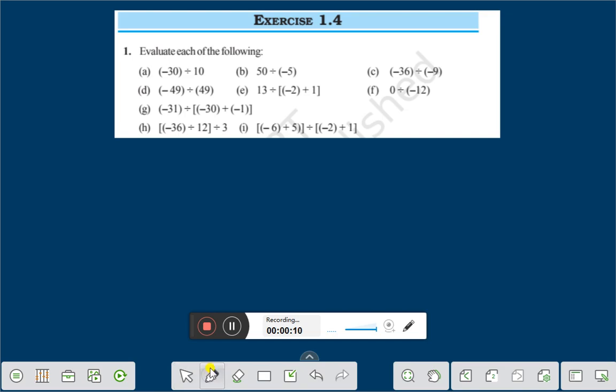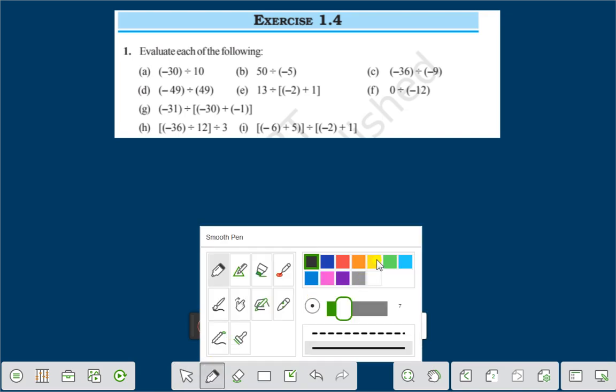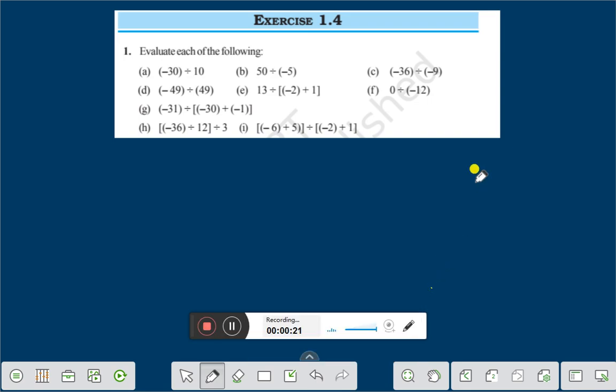First of all, we learn the properties of division. Here we know that in case of integers, plus divided by plus gives the result plus.